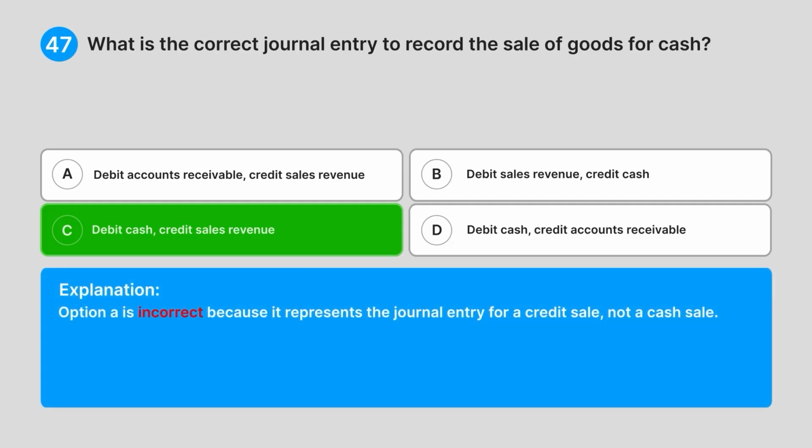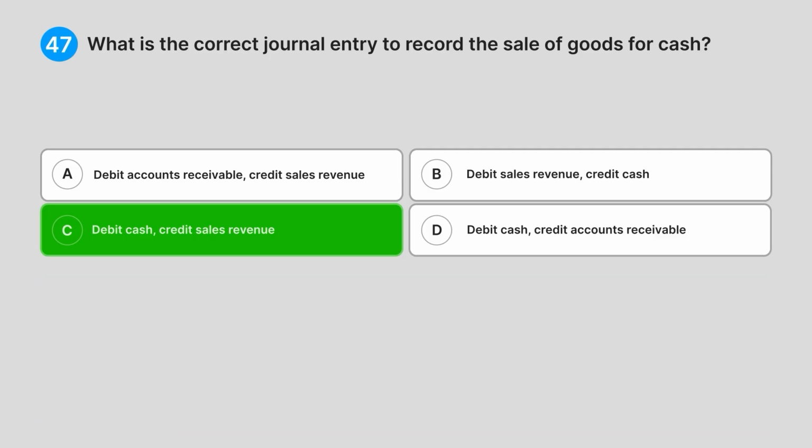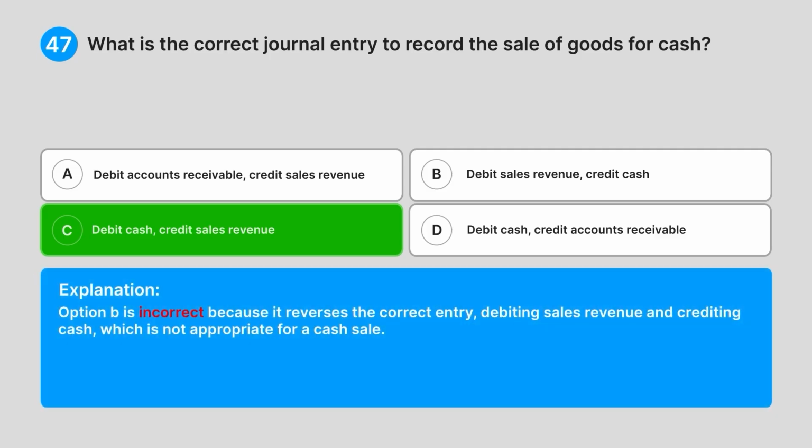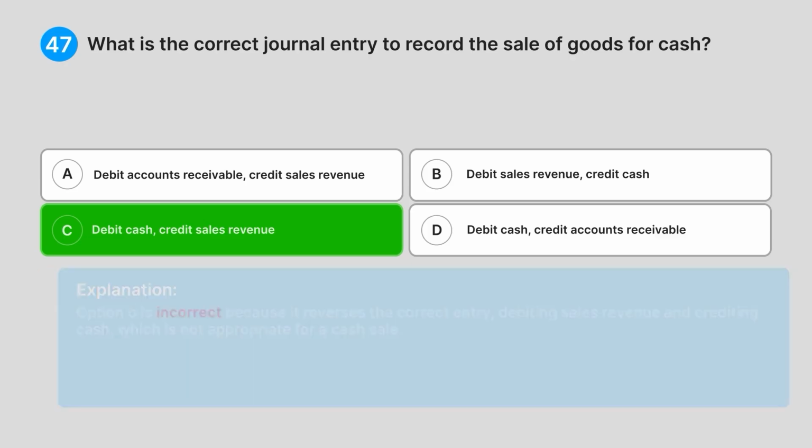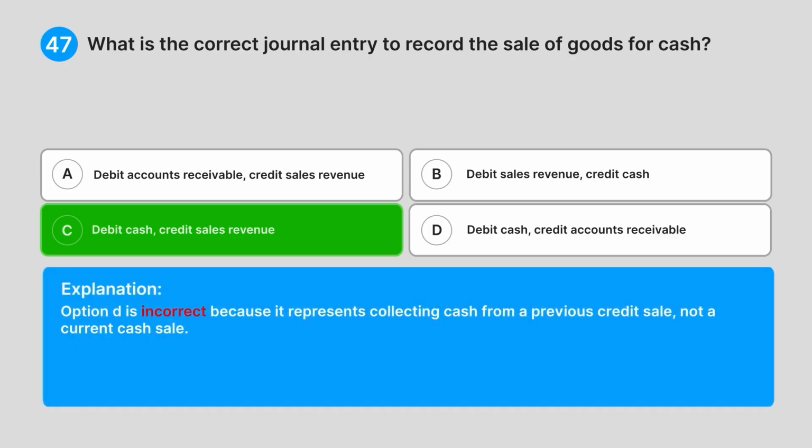Option A is incorrect because it represents the journal entry for a credit sale, not a cash sale. Option B is incorrect because it reverses the correct entry, debiting sales revenue and crediting cash, which is not appropriate for a cash sale. Option D is incorrect because it represents collecting cash from a previous credit sale, not a current cash sale.